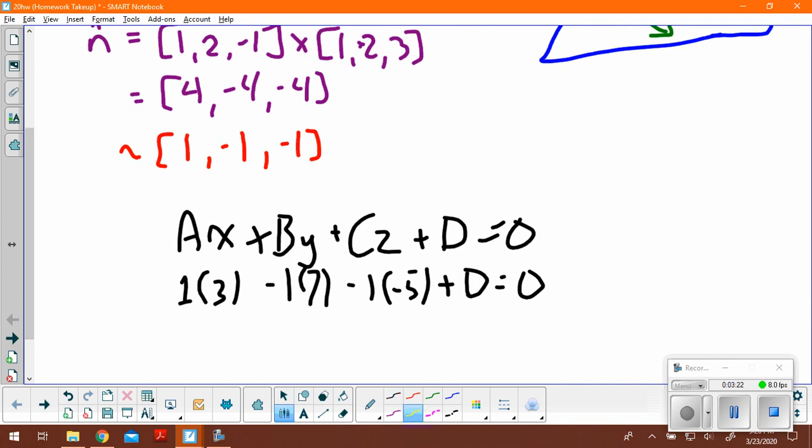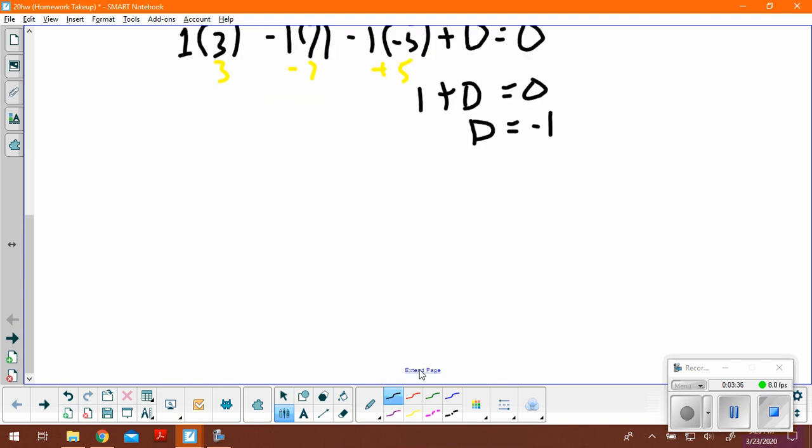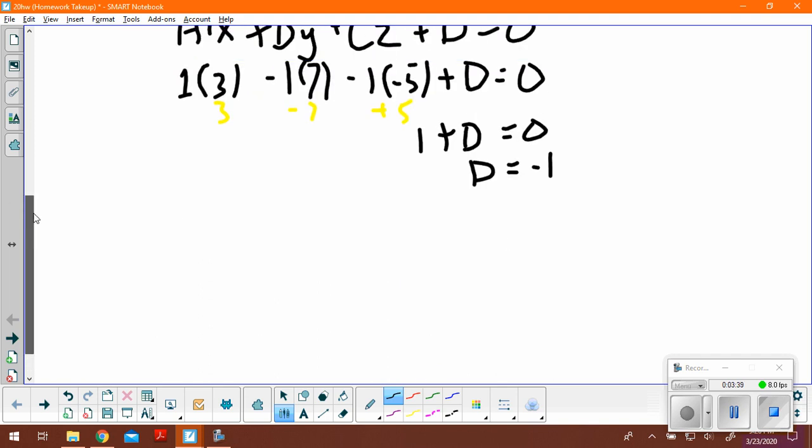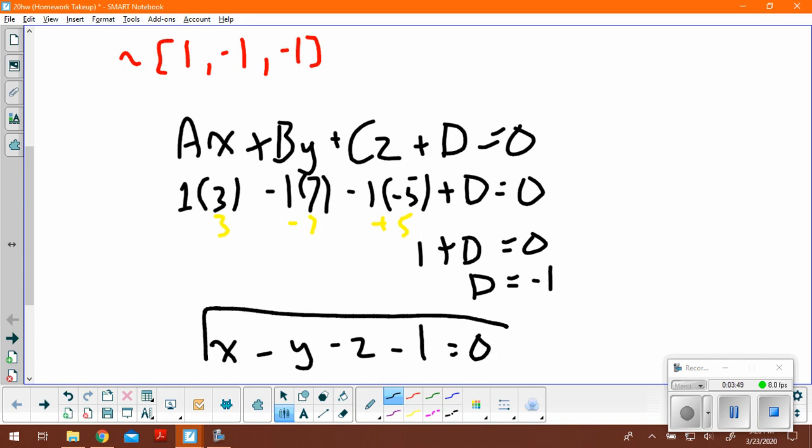So that's 3 minus 7 plus 5, which is 1, plus D equals 0. And so D equals negative 1. That makes my equation X minus Y minus Z minus 1 is equal to 0.